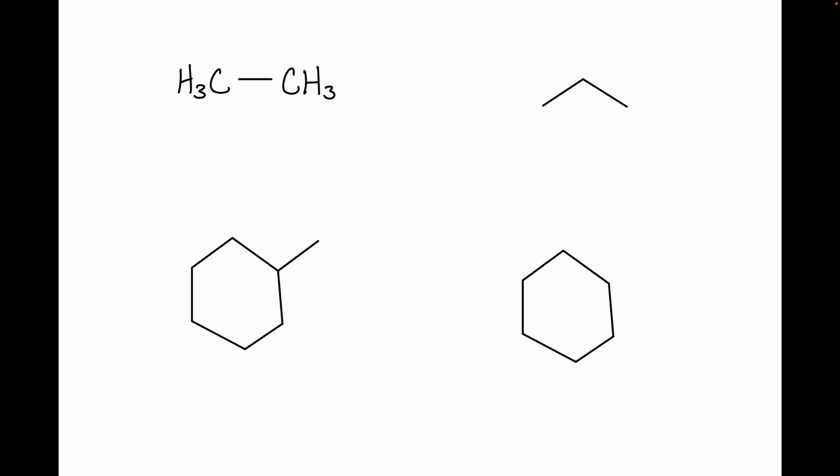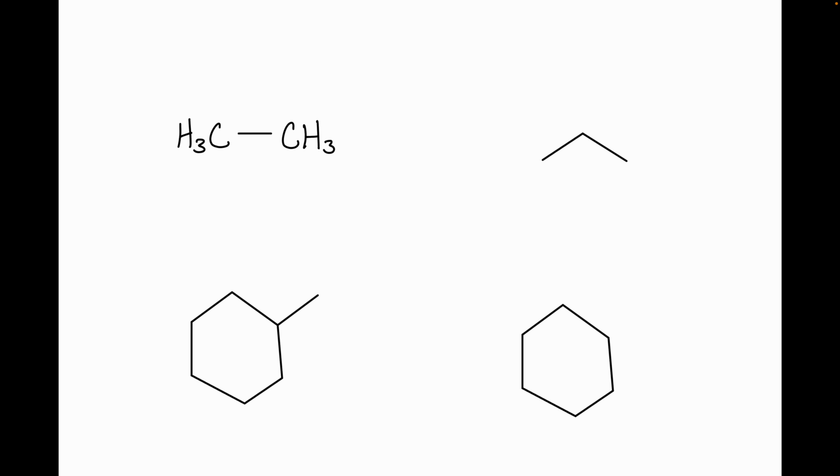Everybody take a second. To be clear, we're looking for the number of peaks in our carbon-13 NMR spectrum. That's what we're going for, which again is how many chemically distinct groups of carbons there are in that molecule.